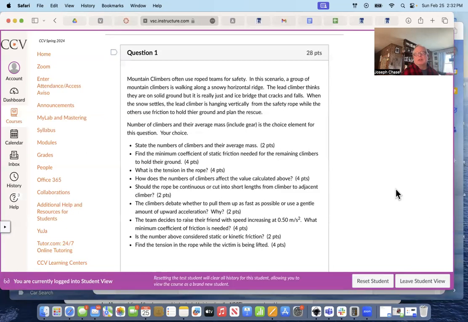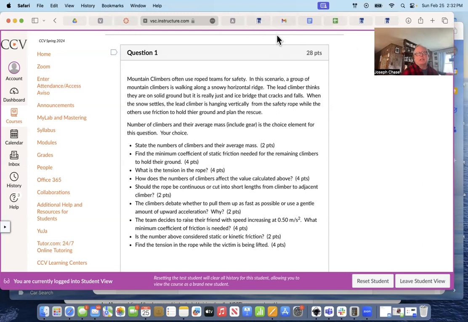We have a lot of stuff to figure out, but the bottom line is that we're going to need to make some assumptions, like the number of climbers and their average mass. I'd like you to choose more than two climbers, and I'll set up an example that just has two climbers so we can take a look at the issues at hand.